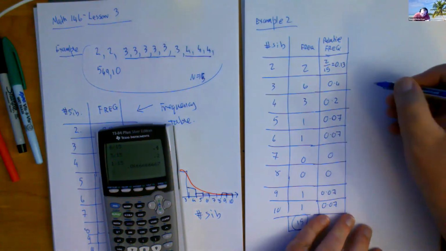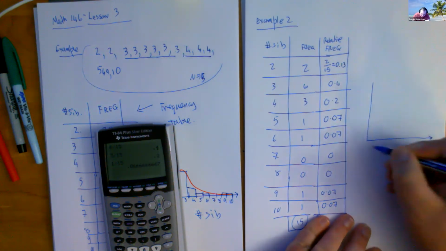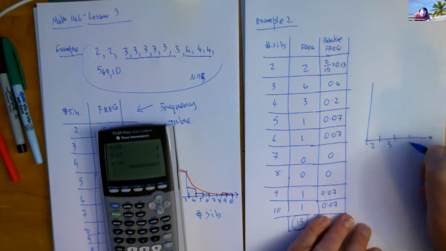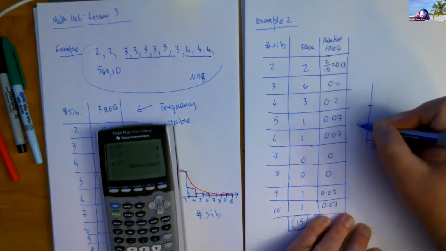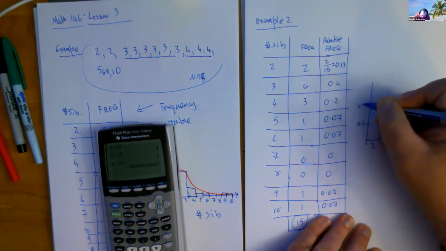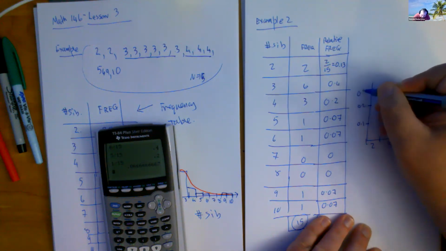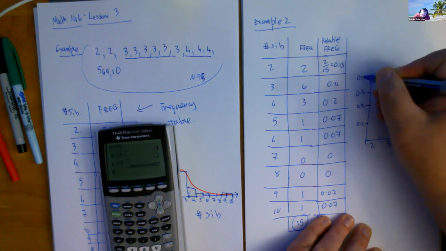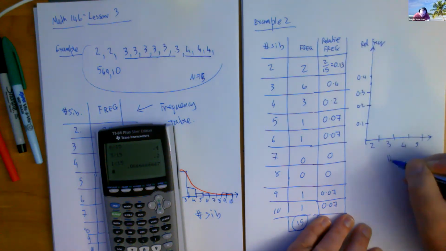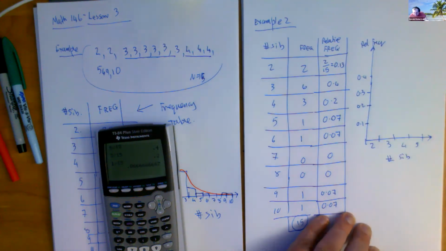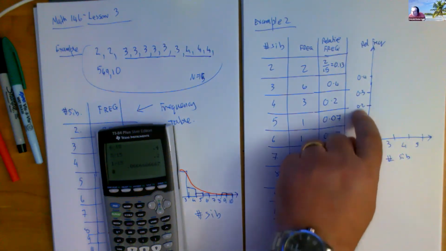Now, what does that look like? Well, it doesn't look anything different, really. I'm not going to do the whole table, just kind of a starter for it. You just have to have a different kind of scale. 0.1, 0.2, 0.3, 0.4. Do you see that my vertical scale, my relative frequency scale, and my number of siblings along here, do you see that it has to now represent decimal values?